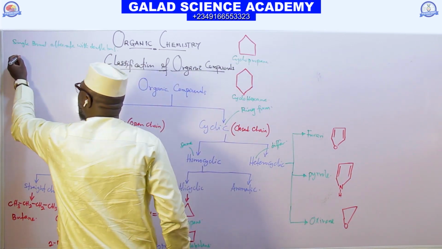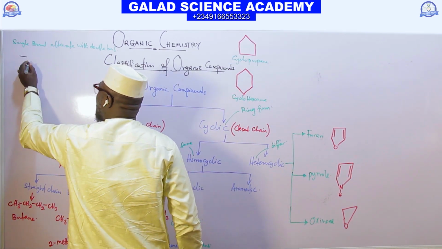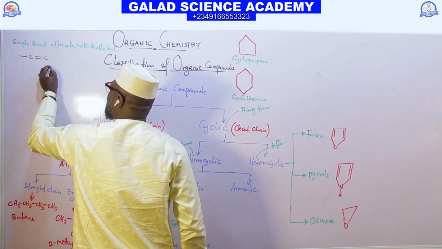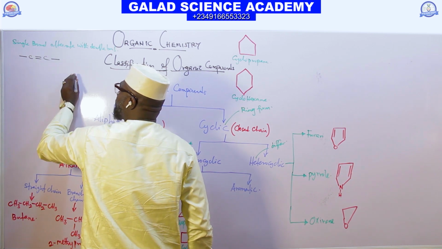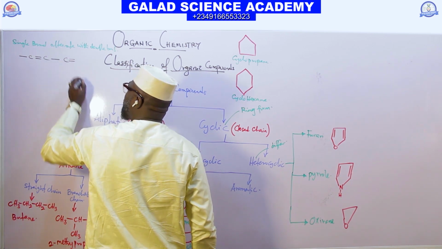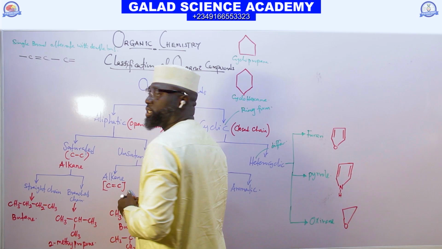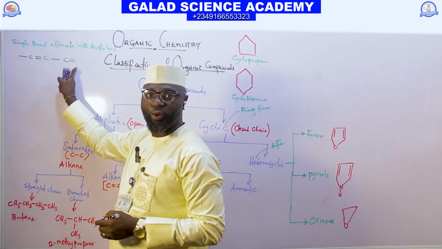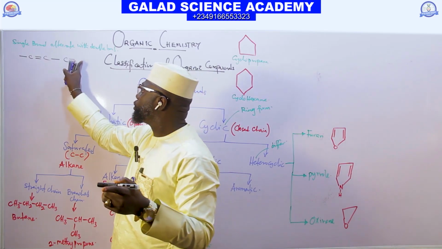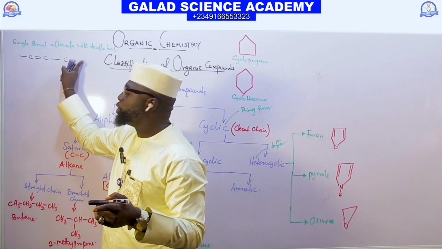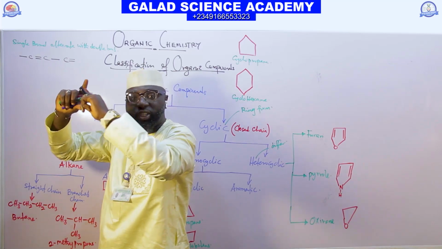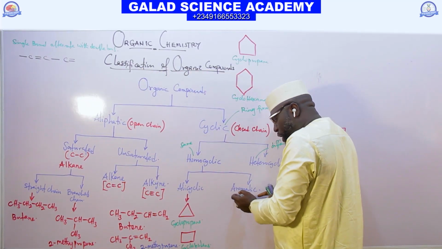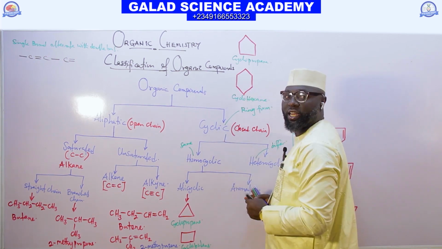That is, if you have a single bond here, in the next carbon we have a double bond. In the next carbon we have a single bond, and in the next a double bond. So this is single, double. But mind you, it must be in a closed chain, because we are dealing with cyclic. Call it aromatic cyclic.